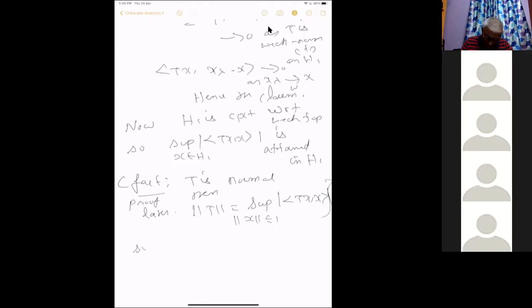So there exists an x naught in H1 such that, by this fact, norm T equals the supremum, equal to |<Tx naught, x naught>|.